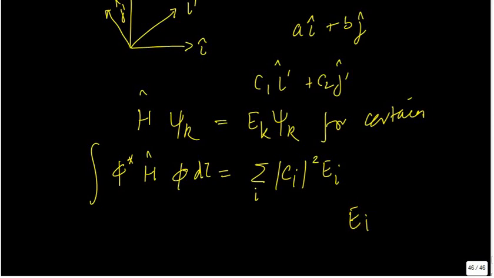If I do a million or trillion of these measurements, then I'll keep on observing E1 with the probability C1 square, E2 with the probability C2 square, and so forth. So finally what I'll observe when I do trillions of measurements is this sum. But for a single measurement, I'll observe one single eigenvalue.